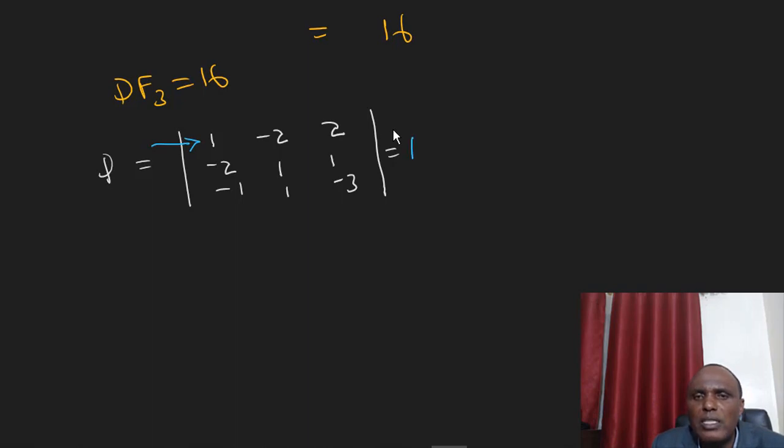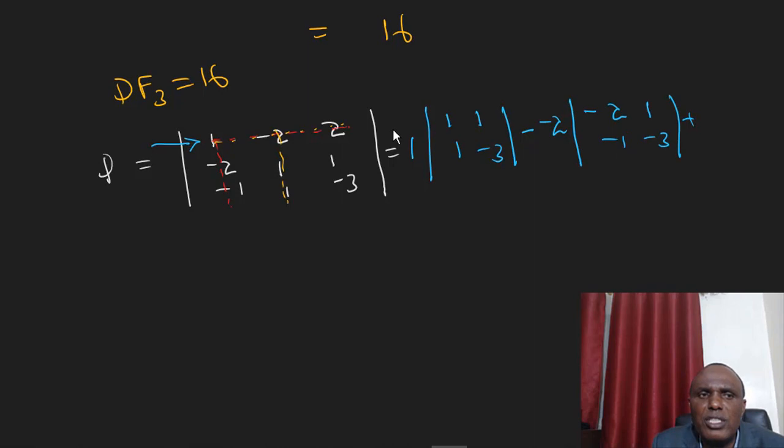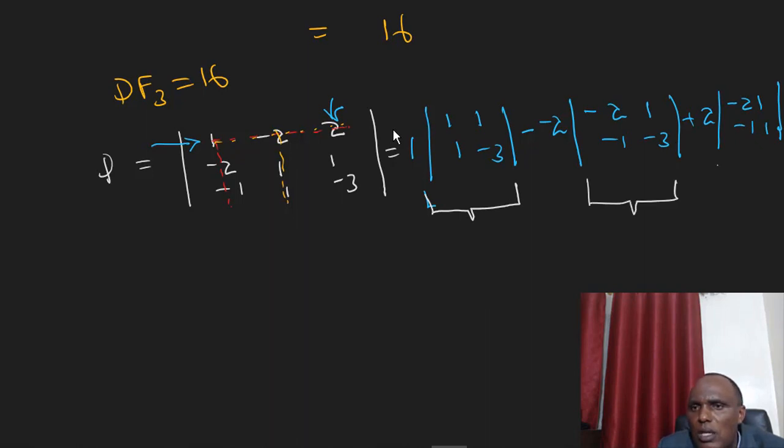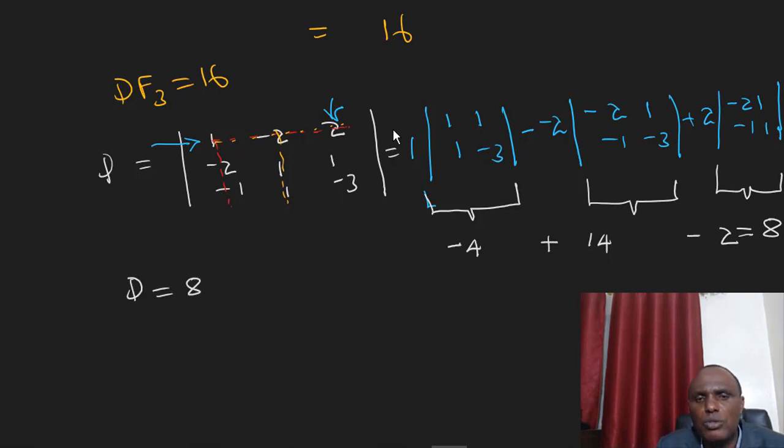So the product here is 1 multiplied by the determinant of its matrix, minus the next element, -2, multiplied by the determinant of this matrix. The next one is 2 multiplied by this determinant here. If we work these out, the result here is 8. So D is equal to 8.